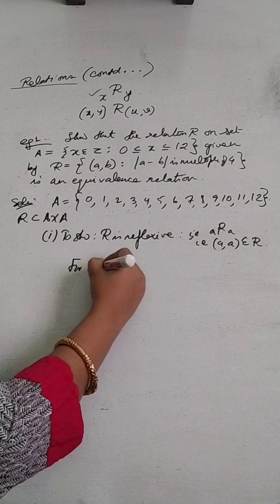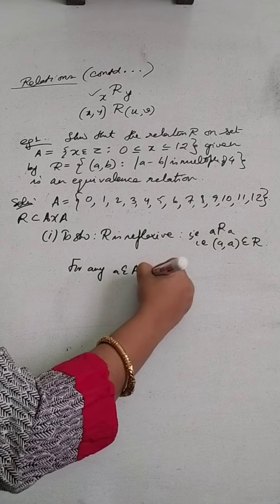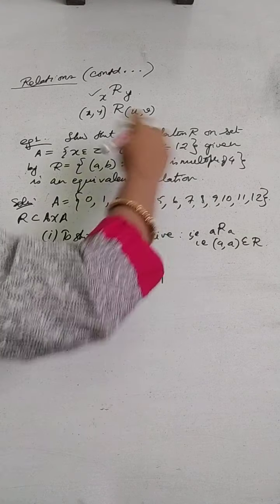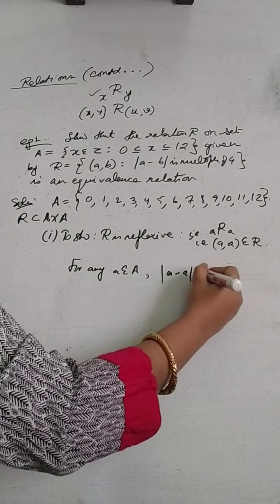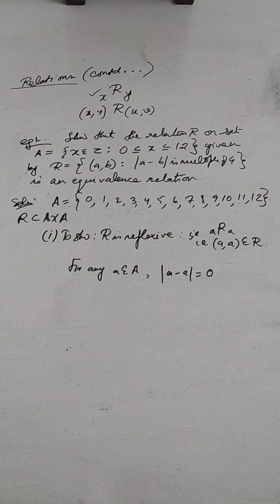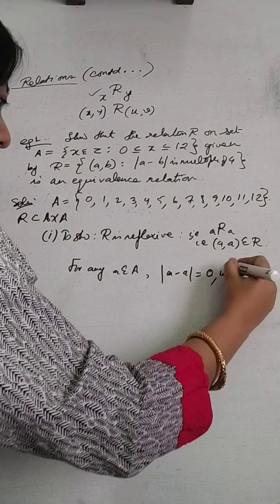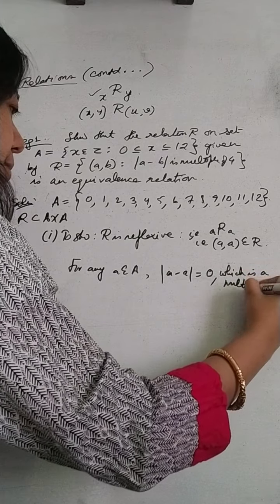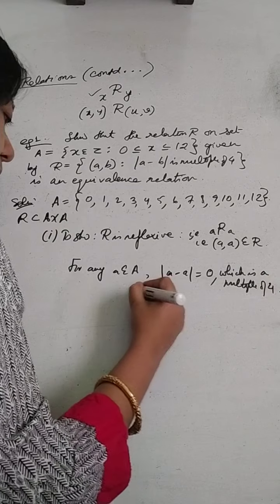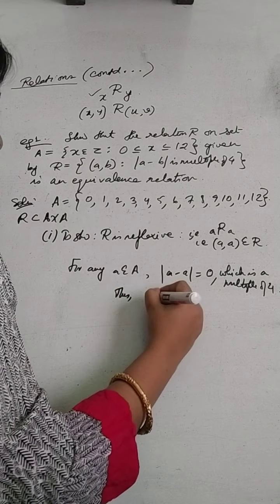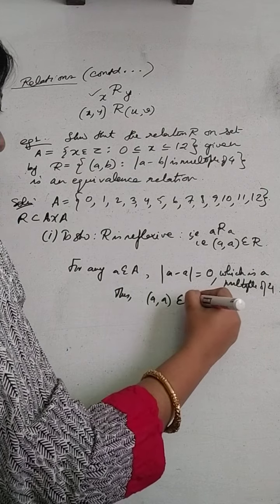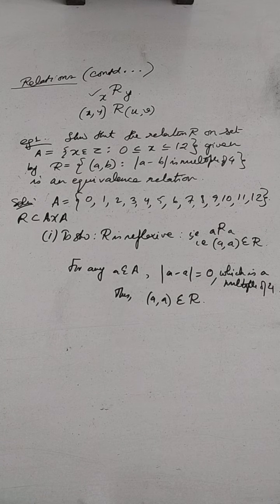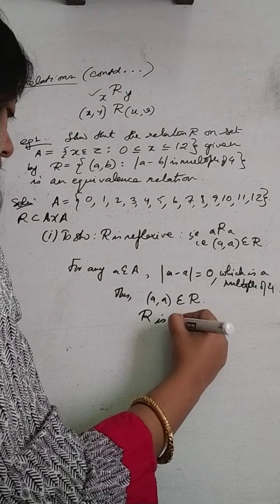For any element A belonging to the set A, mod of A minus A is 0, which is definitely a multiple of 4, isn't it? So the pair AA belongs to R. Therefore we can say that R is reflexive.